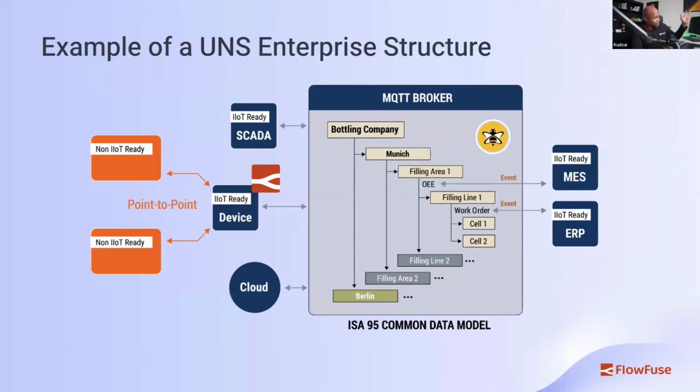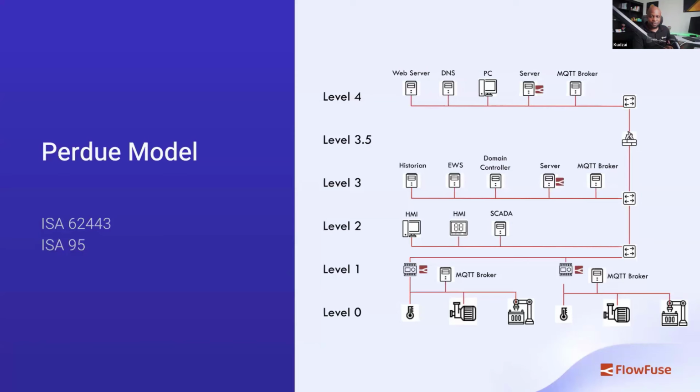This typically follows an ISA 95 common data model, and you're going to see shortly how the arrangement of these different Node-RED instances are going to look like in this ISA 95 arrangement. So with that, I'll hand it over to Gray so that we could maybe go into the demo.